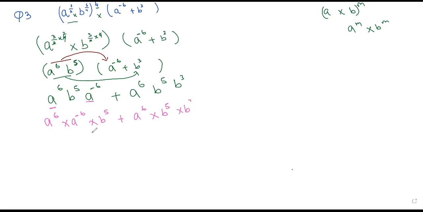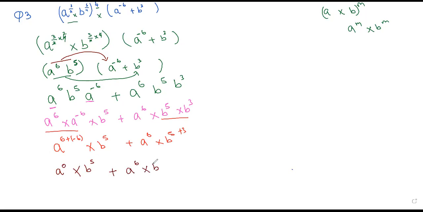We know that when bases are same, powers can be added. A to the power 6 plus minus 6 multiplied by b to the power 5 plus a to the power 6. Again, same bases, so powers can be added: 5 plus 3. So this will give you a to the power 6 plus minus 6 would be 0 multiplied by b to the power 5 plus a to the power 6 multiplied by b to the power 8.